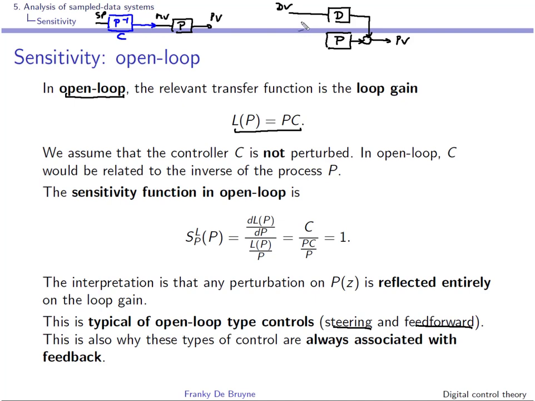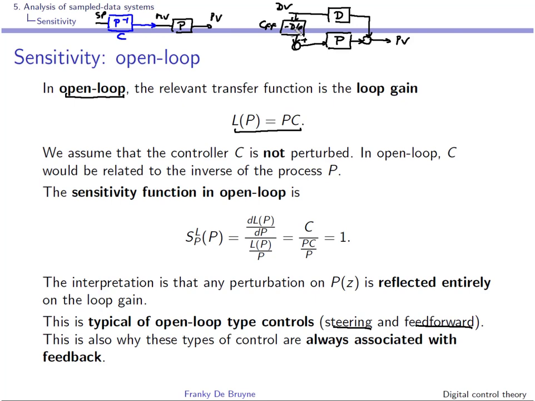You've seen in last year's laboratory that if you put minus d over P over here, you can reject the disturbance using feed forward. We'll call this C feed forward. But again, you see that you have the inverse of the process acting.